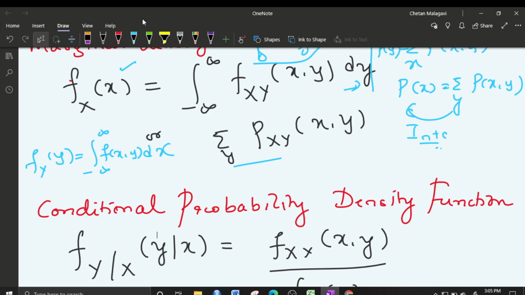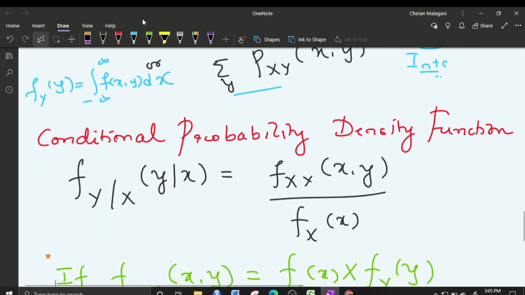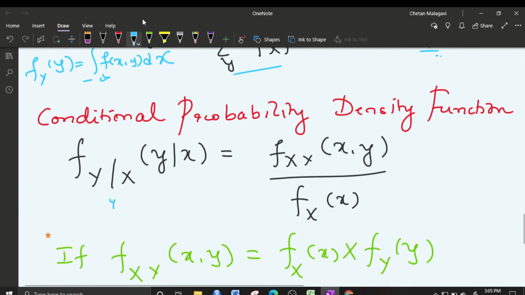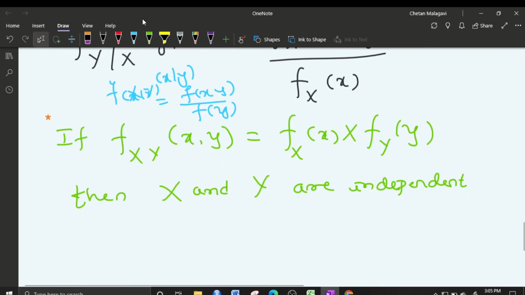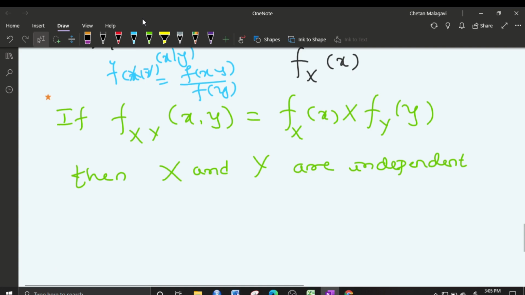And similarly the conditional density function is given by this expression: f of x given y could be given by f of x y divided by f of y. Okay, fine. And suppose x and y are independent, then the density function f of x y could be written as the product of f of x and f of y.